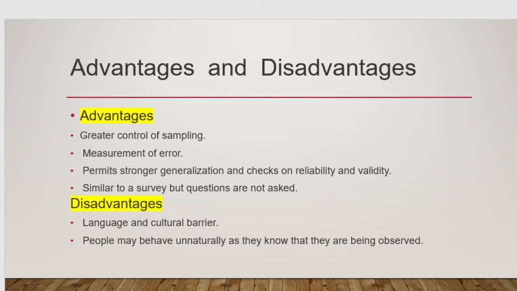It permits stronger generalization and checks on reliability and validity, similar to a survey, but questions are not asked. The disadvantages are language and cultural barriers. People may behave unnaturally as they know that they are being observed.